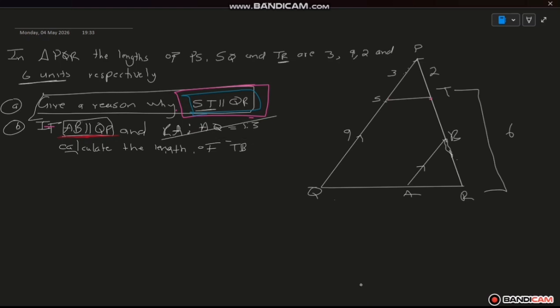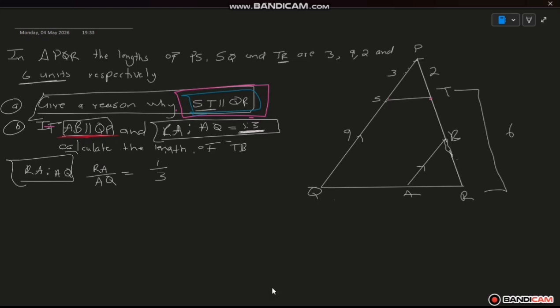Let's actually talk about this. RA is to AQ. This is a ratio, and the ratio can be written in the form of a fraction, meaning RA over AQ is one and the same thing as RA is to AQ, meaning 1 and 3.